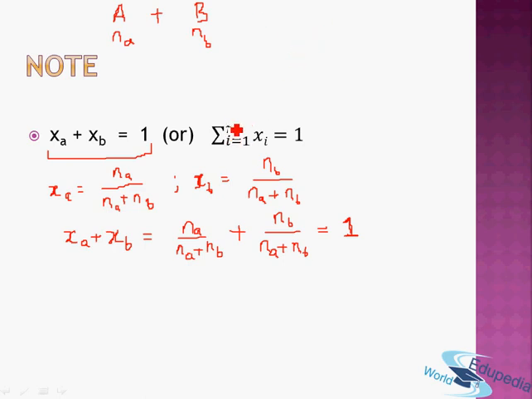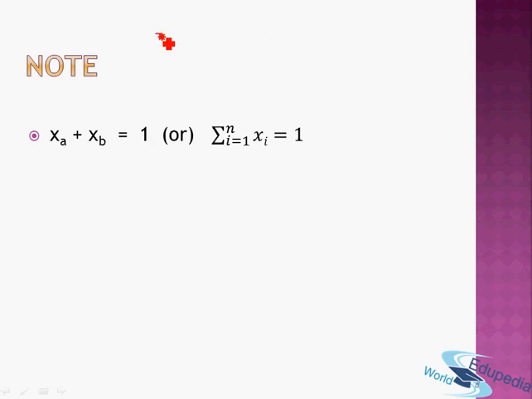In general, if instead of just two substances, my solution is made up of n different substances, then I can calculate the mole fraction for each of these n substances: x1, x2, x3, and so on up to the nth substance.